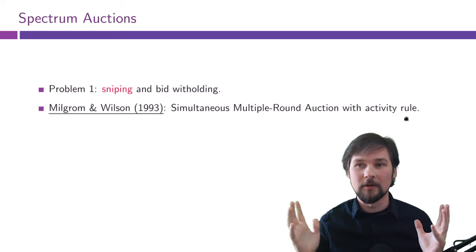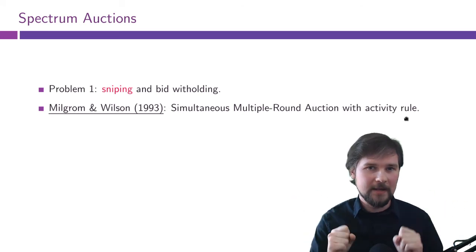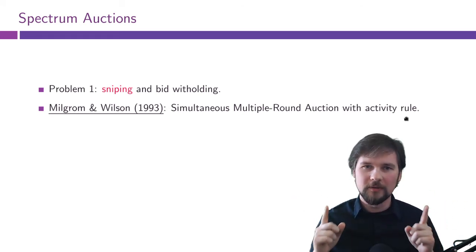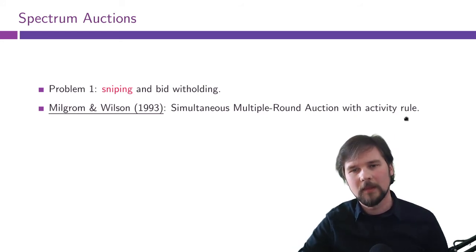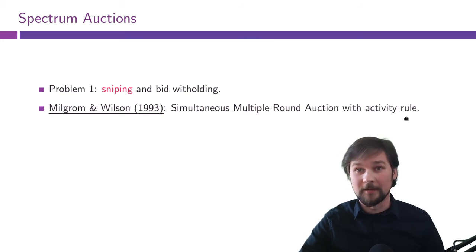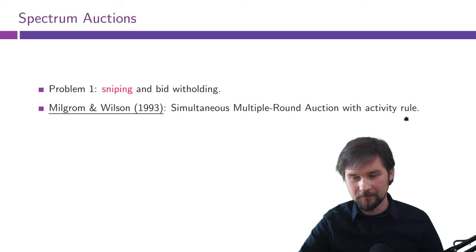So you cannot all of a sudden show up and say, I now want this. You should articulate your interest in this item or this frequency band from the very beginning. And this is the simultaneous multiple round auction with Milgrom-Wilson activity rule.